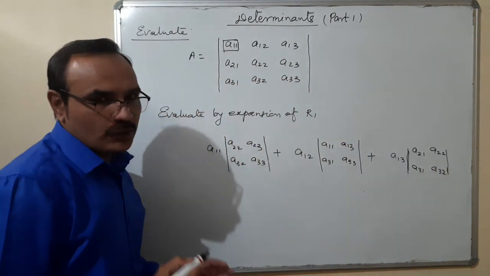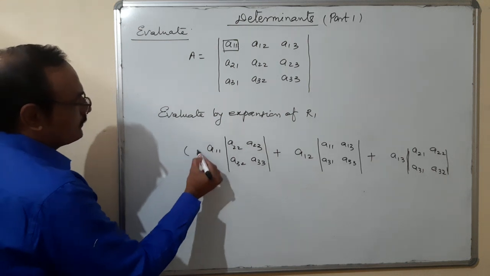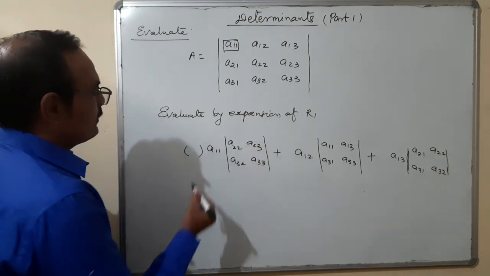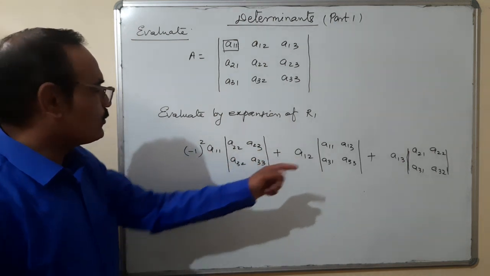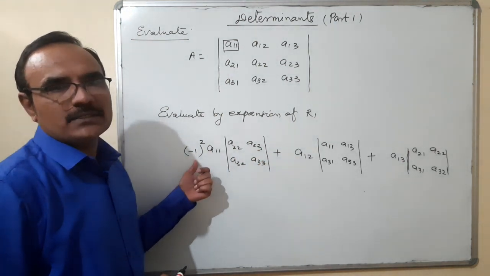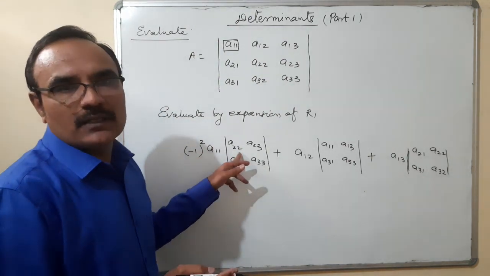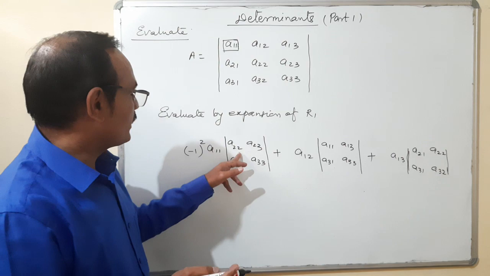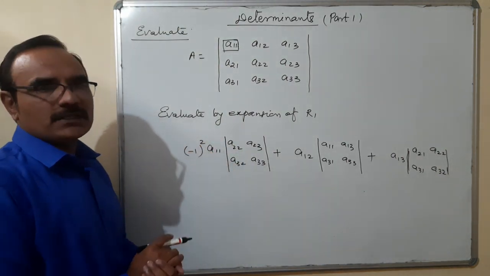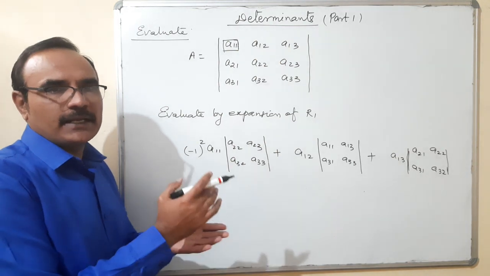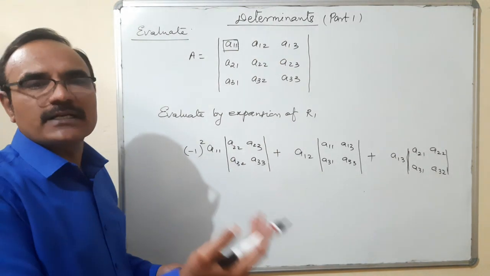But one more thing which I missed, now I am putting here. A11 is multiplied by minus 1 to the power 1 plus 1, which is 2. Always we multiply by minus 1 as the base, and the power is the sum of the row and column numbers. When the power is even, the result is positive, and when it is odd, the result is negative.